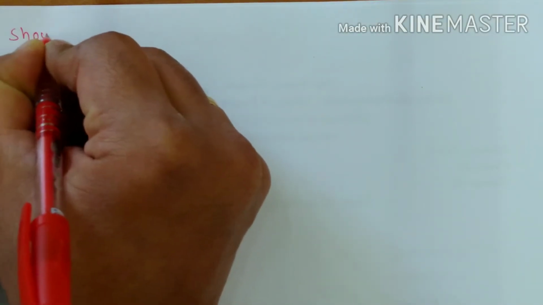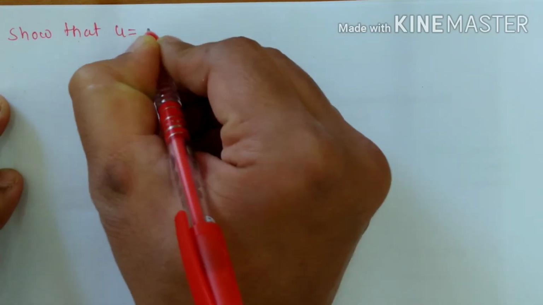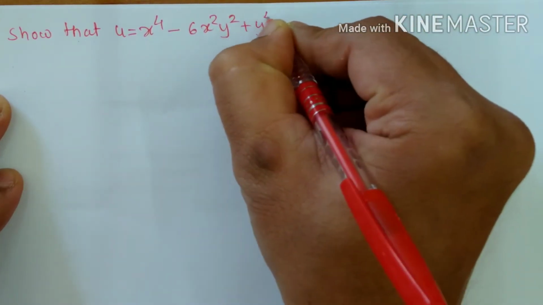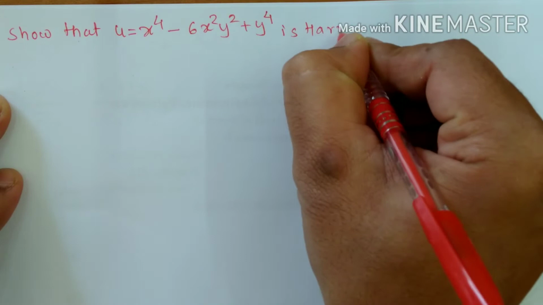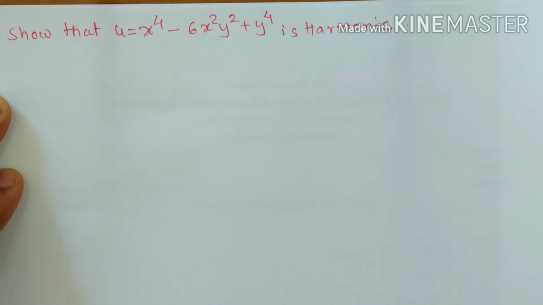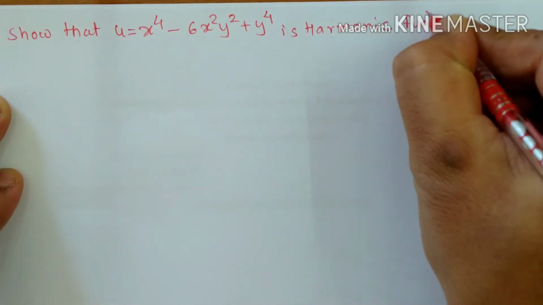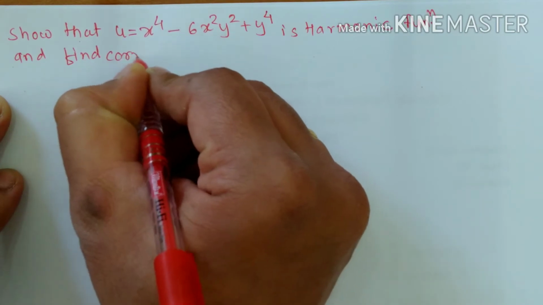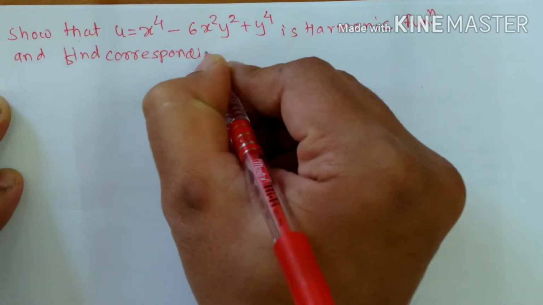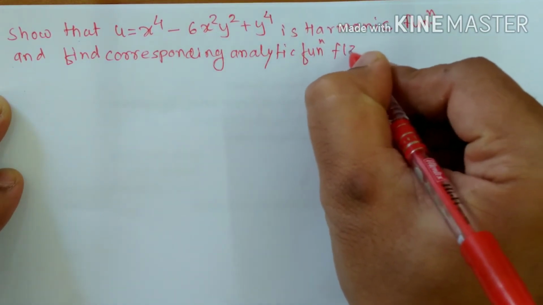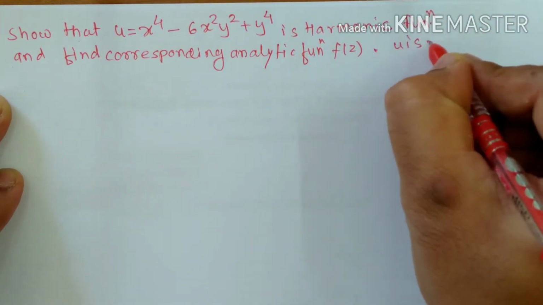Okay, the question is, show that u is equal to x raised to 4 minus 6x square y square plus y raised to 4 is a harmonic function, and find the corresponding analytic function f of z, where u is a real part of it.